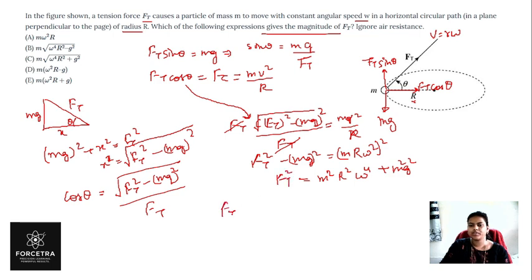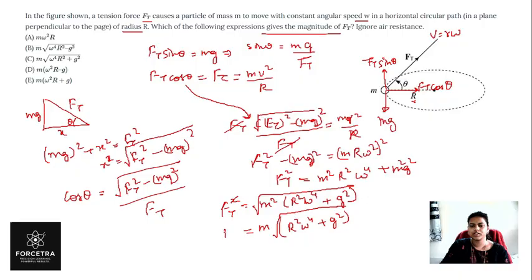So when you solve it, Ft square would be equal to m square into R square omega to the power 4 plus g square, and taking root on both the sides. So we get Ft as m, just take common, m into root of R square omega 4 plus g square. So this is your Ft.